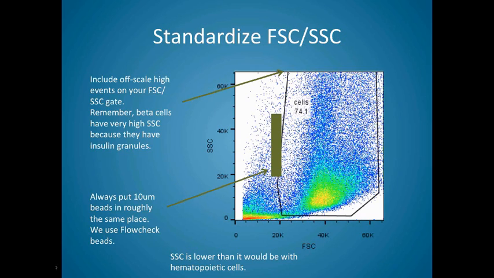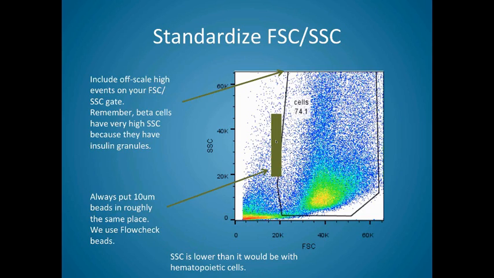And if you see where the little green box is here, 10 micron flow checks will make a line on forward and side scatter, and we put that line right about in this place every time we do a sort with islets, and that way we get very reproducible forward and side scatter profiles, and it makes backgating really easy and wonderful. When you put these on, it's noteworthy that the side scatter voltage is going to be considerably lower than it would be if you were running hematopoietic cells.